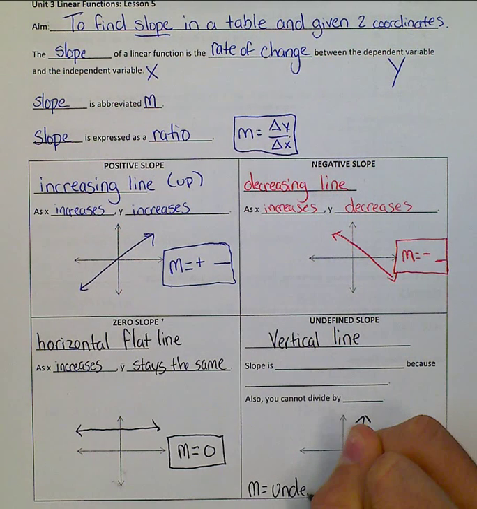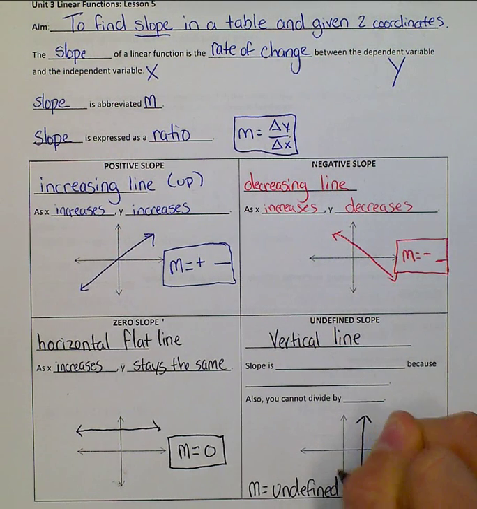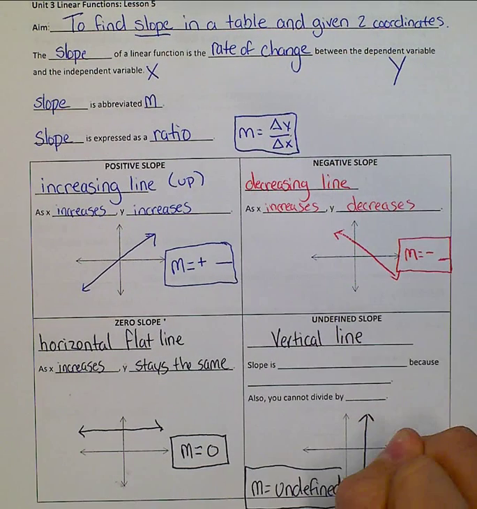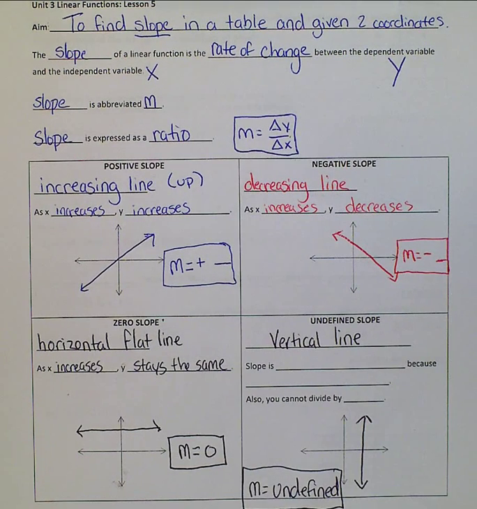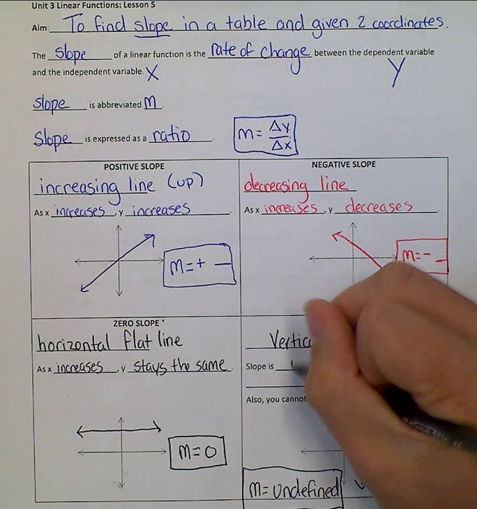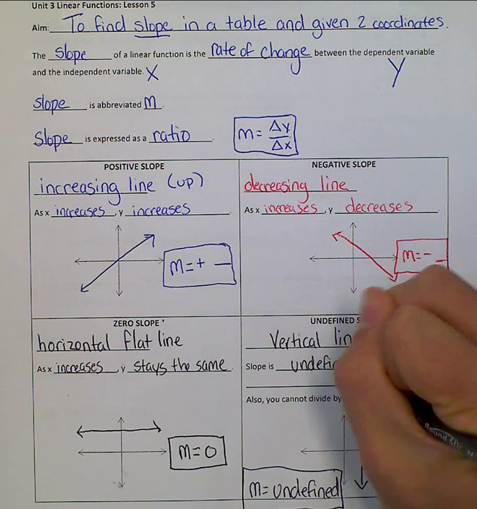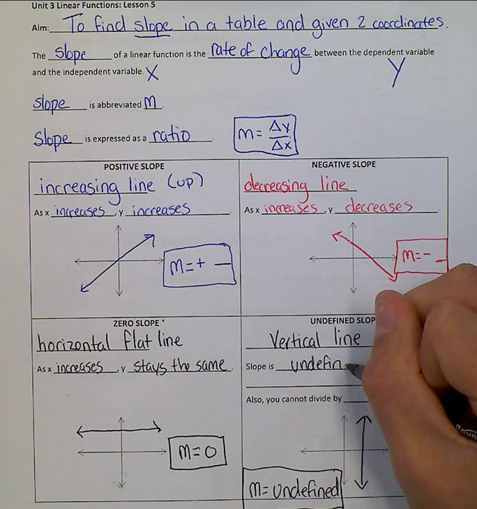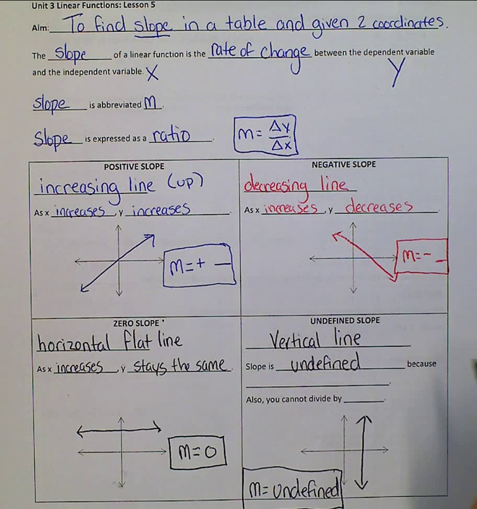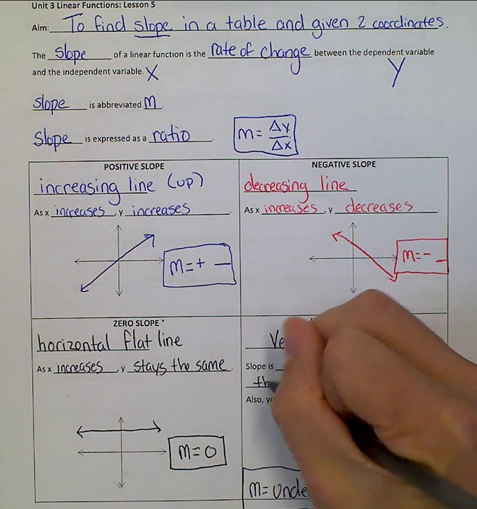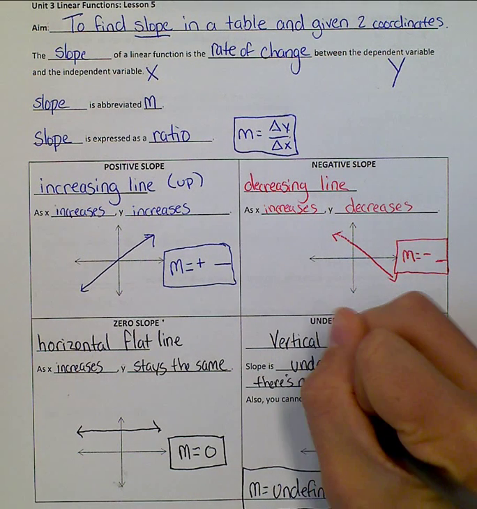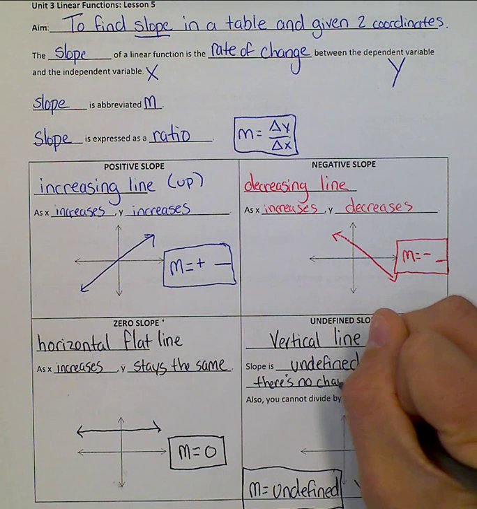There is no number that we can actually put to represent the rate of change. But we say it's undefined. And we say the slope is undefined because there's no change in x. There's no change in the x variable.